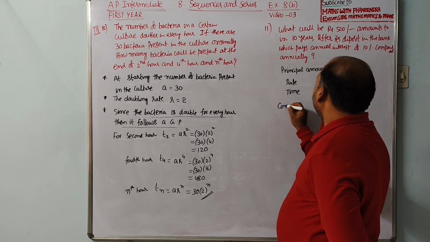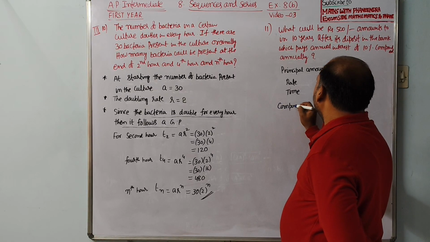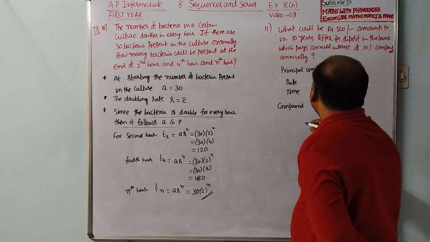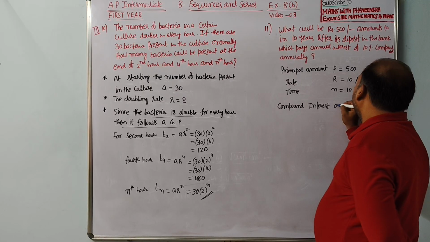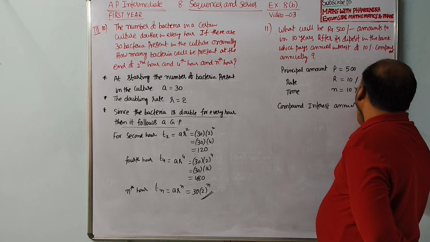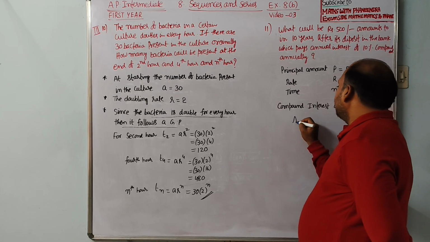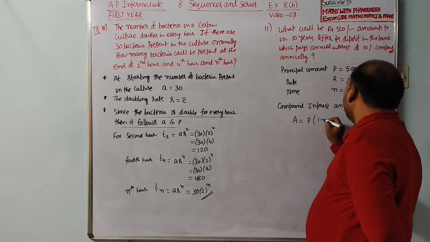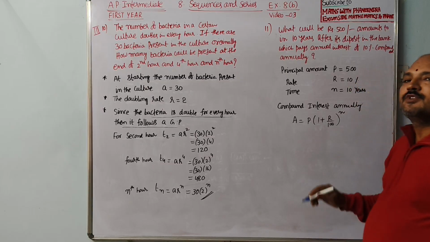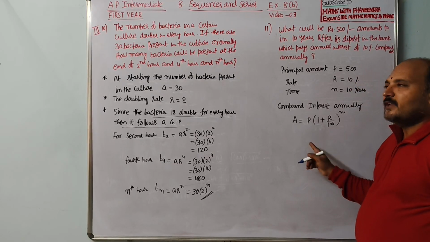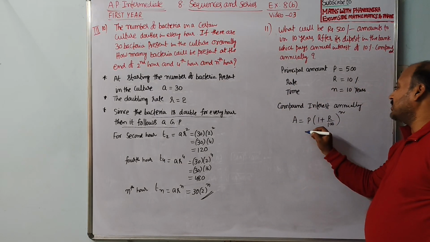So for compound interest annually, A is equal to P into 1 plus R by 100 whole power N. Generally, I will do this method by using geometrical progression itself.